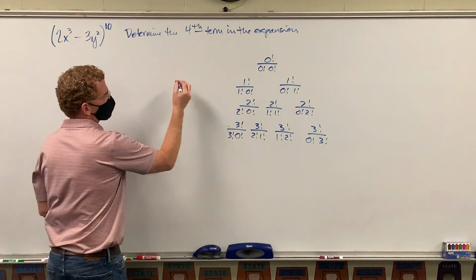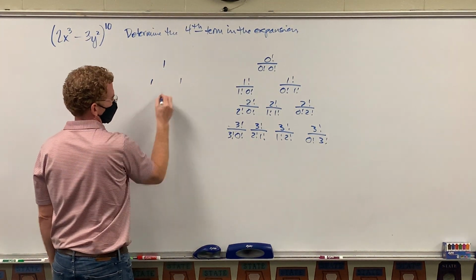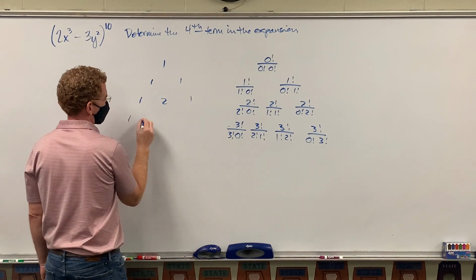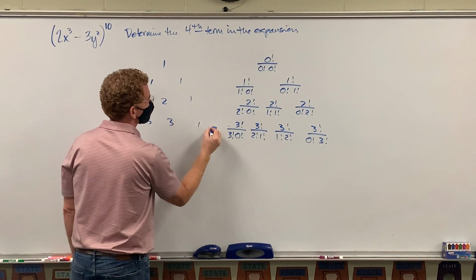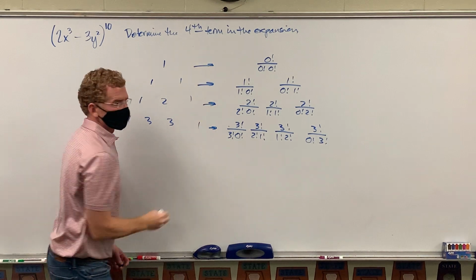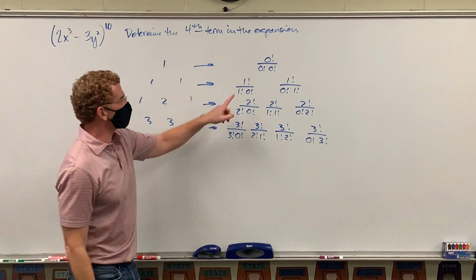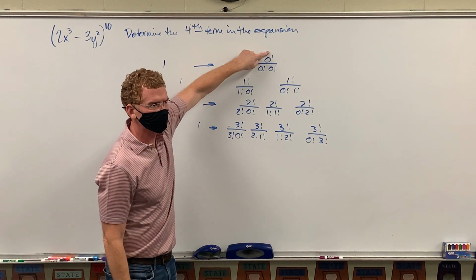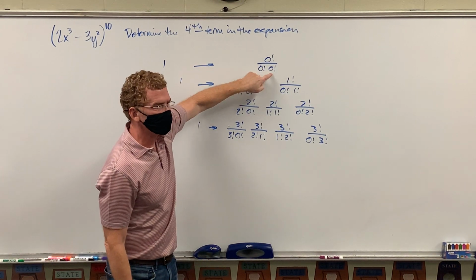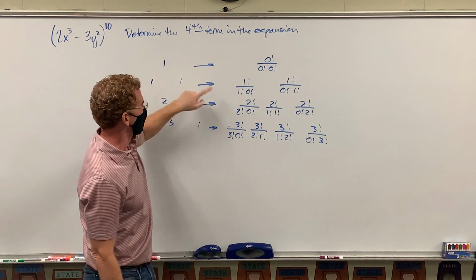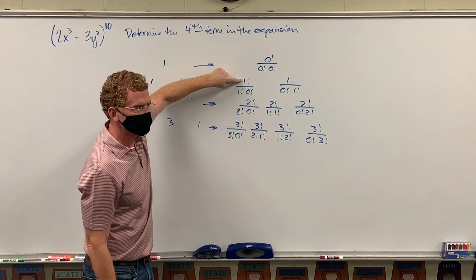So this is how you would create Pascal's triangle. Pascal's triangle is nice and clever, but look at the math on this. What's 0 factorial? 1. And those are 1s also? 1 divided by 1 times 1 is 1. What is 1 factorial? 1.